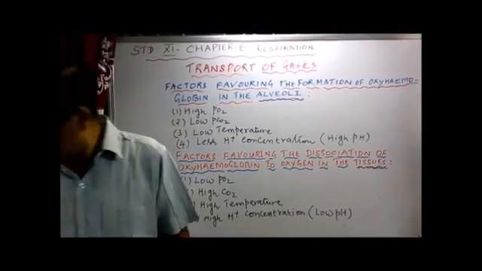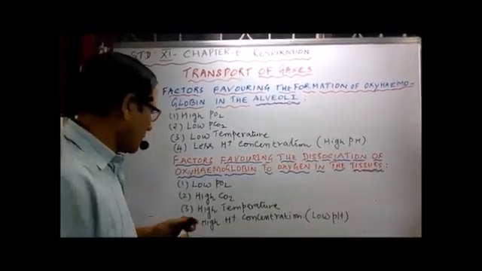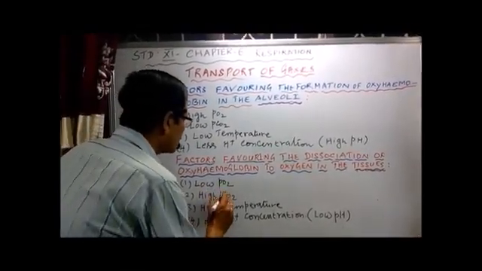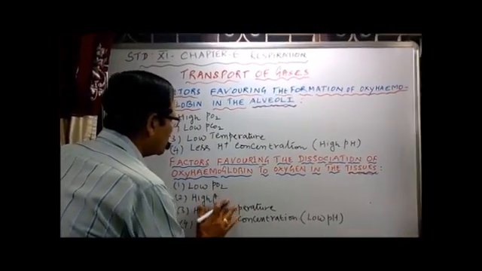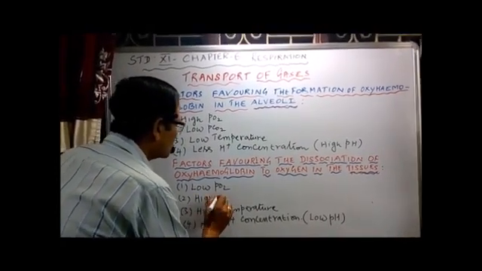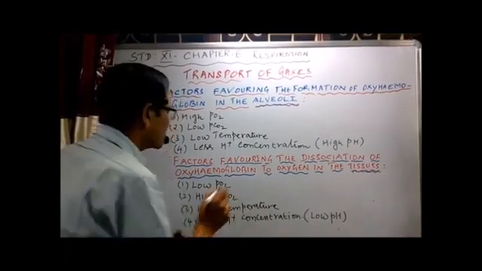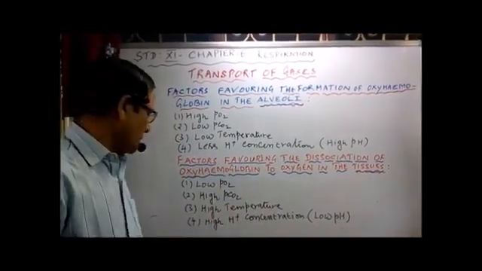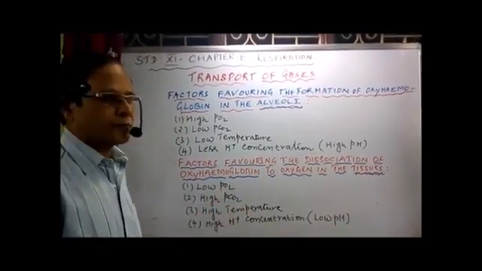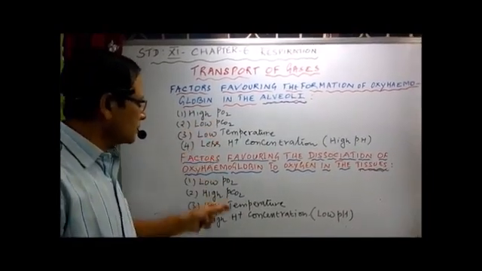We can say in terms of partial pressure of carbon dioxide, high PCO2. So when compared to the lungs, in the tissues the partial pressure of carbon dioxide is high. Then high temperature. All are just in the reverse order here.